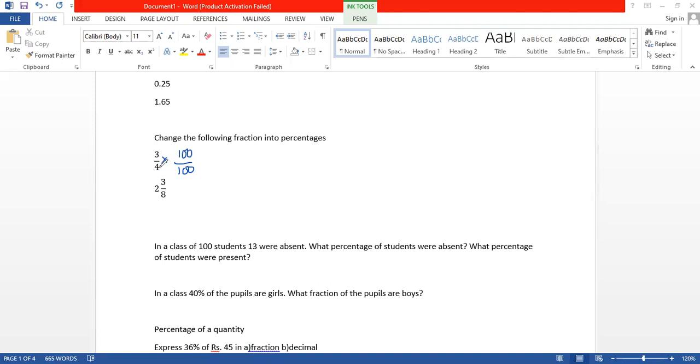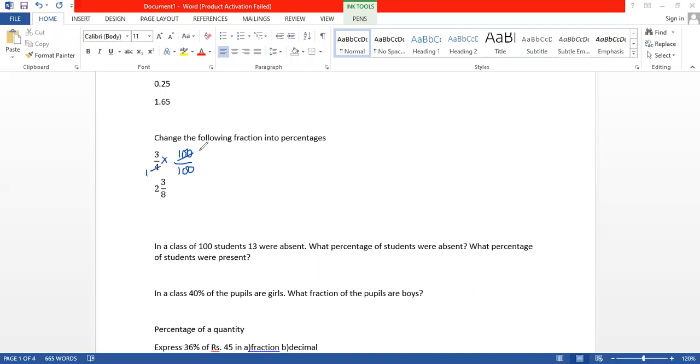So over here, 4 ones are 4, 4 twenty-fives is 100, and then 3 multiplied by 25 would give you 75 over 100, which you can write as 75%.